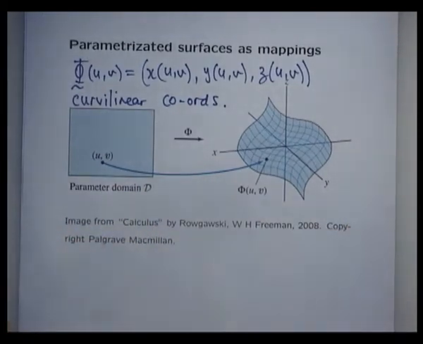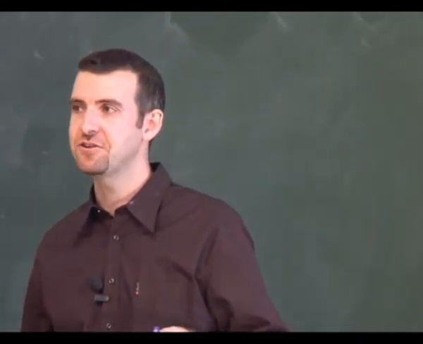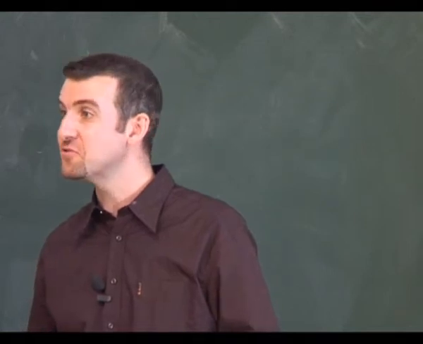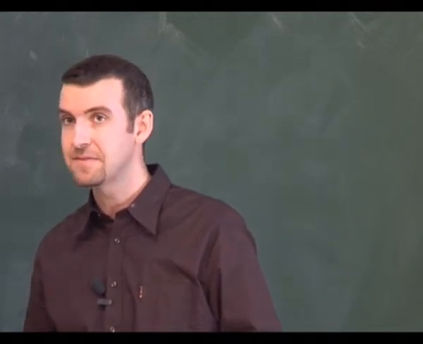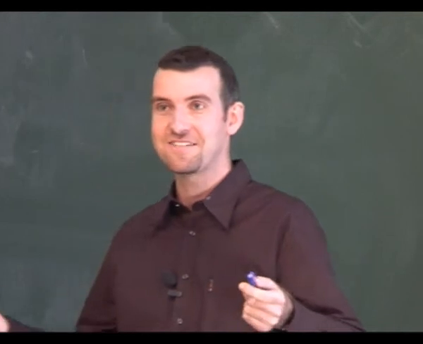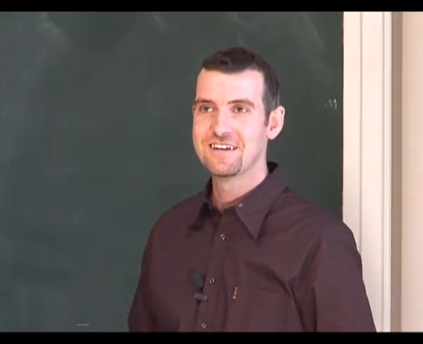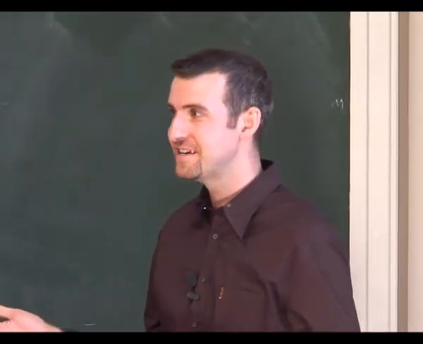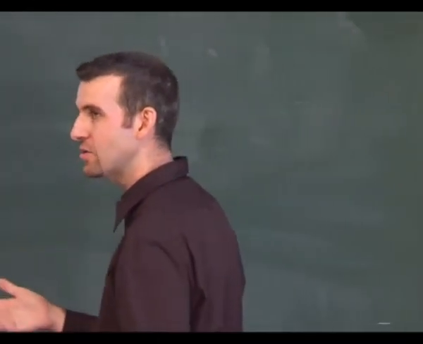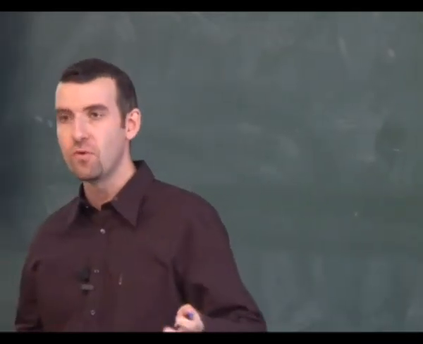Now, you've seen a number of coordinate systems already. You've seen, for example, spherical coordinates, cylindrical coordinates, the regular rectangular coordinates, and polar coordinates. Curvilinear coordinates is a generalization of all of these.